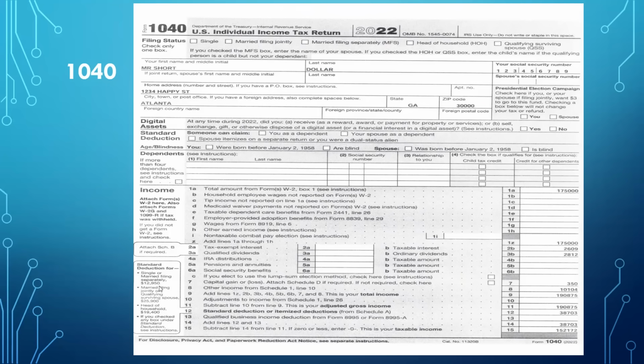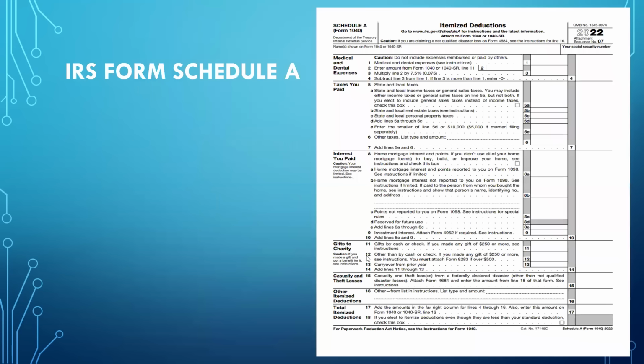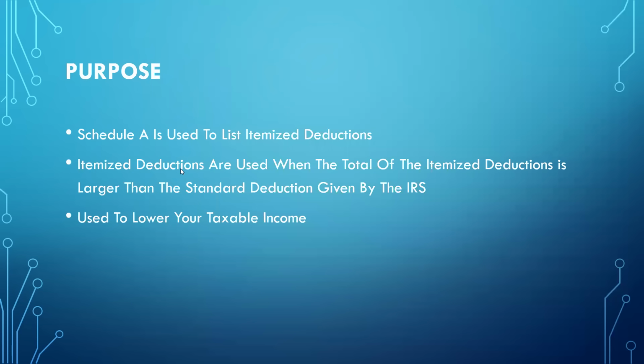Basically, these are the standard deductions that the IRS will give you to deduct against your adjusted gross income. What happens is, if the total itemized deduction is greater than any one of these three numbers, depending on how you're filing, single, head of household, married filing joint, then you will be able to itemize and use IRS Form Schedule A. If not, it'll behoove you to use the regular standard deduction.